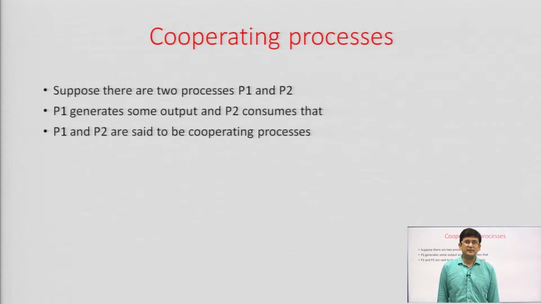P1 may be fast and P2 slow, or P2 may be fast and P1 slow. So, there should be a synchronization between the two such that the balance between the generation and the consumption is maintained.